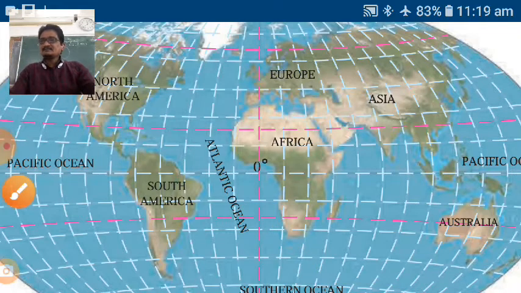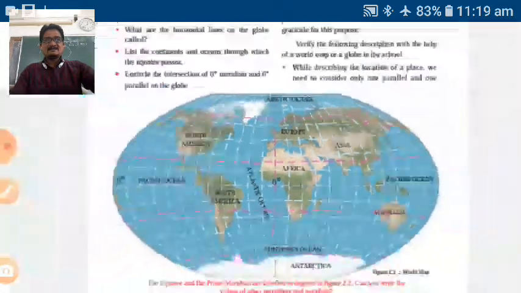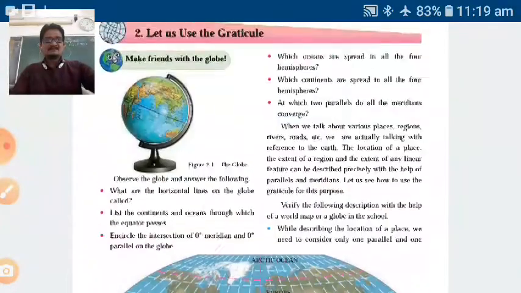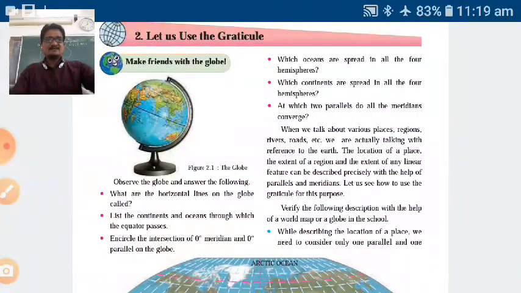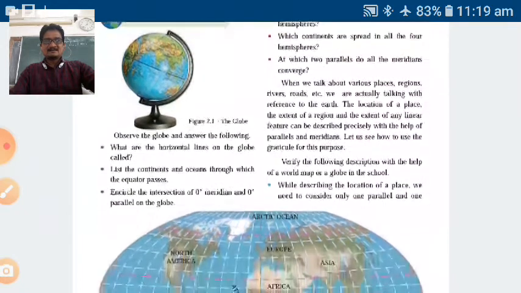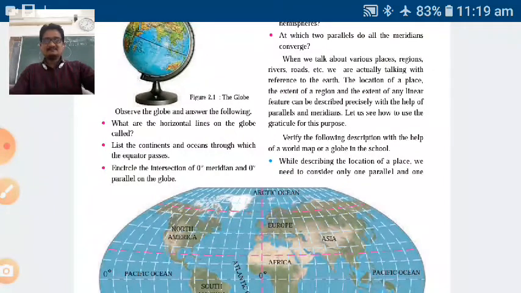Then, at which two parallels do all the meridians converge? At which parallel do all the meridians converge?